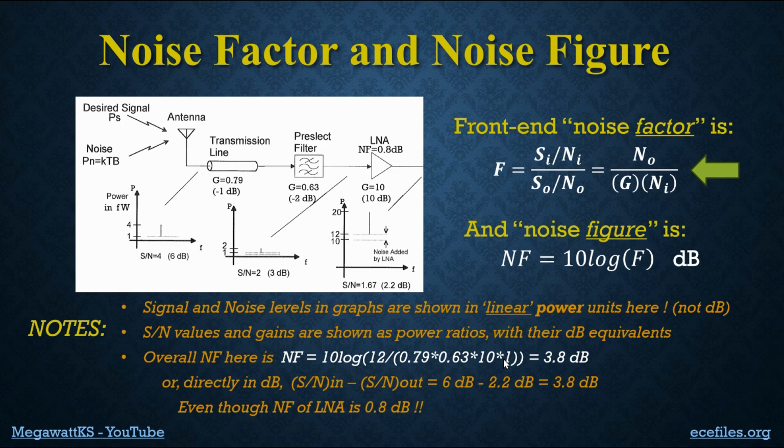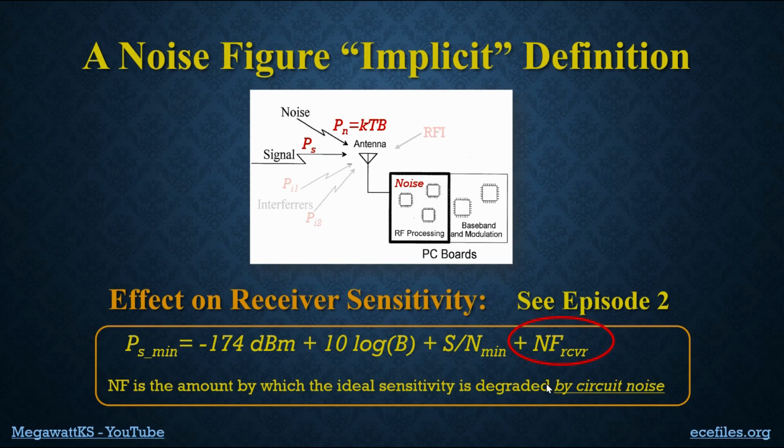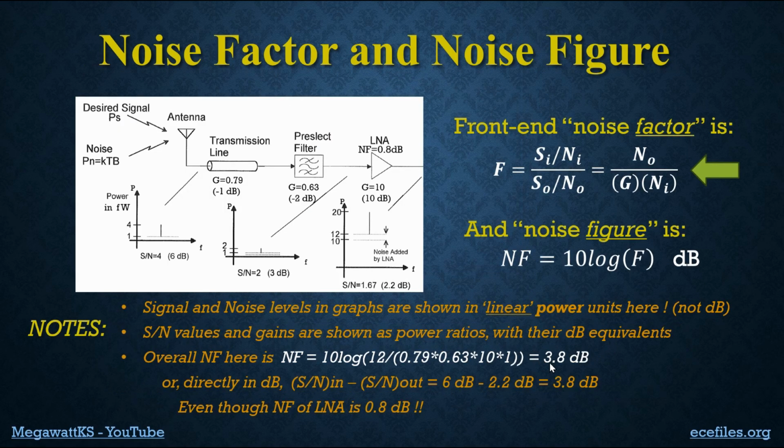And then we take 10 log of that, and we get 3.8 dB. And remember our implicit definition? The noise figure is the amount by which our sensitivity, or in this case, the signal-to-noise ratio, is degraded by going through the noisy stuff. And here, it works out to be 3.8 dB, which coincidentally is 6 dB minus 2.2 dB. So this all ties together.